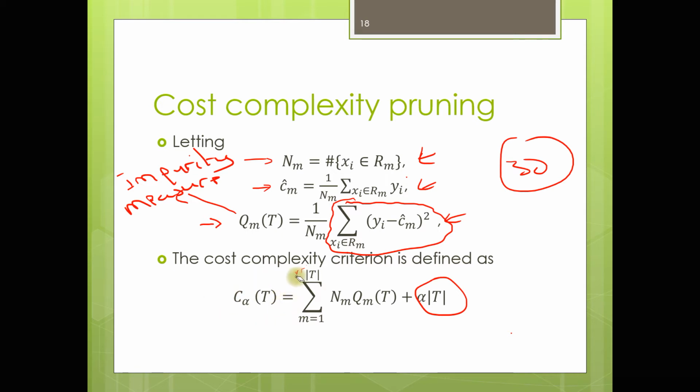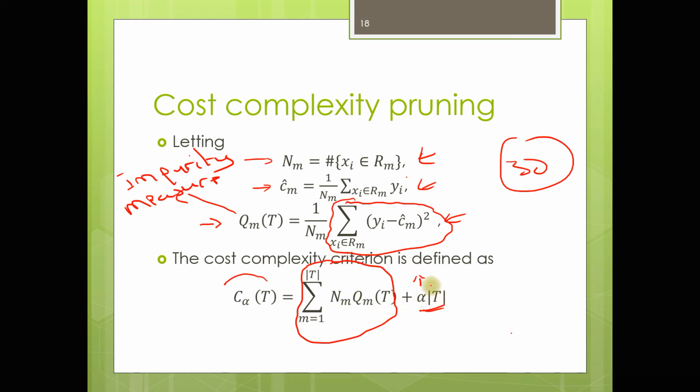But when alpha starts to increase, there is a price to pay for having a tree with many terminal nodes. Listen to me well. When alpha increases and it is not equal to 0, the error that you would have obtained originally will not be as it was, but it will increase as well.